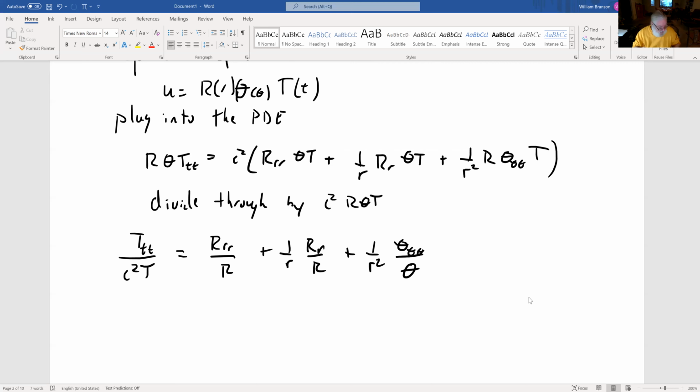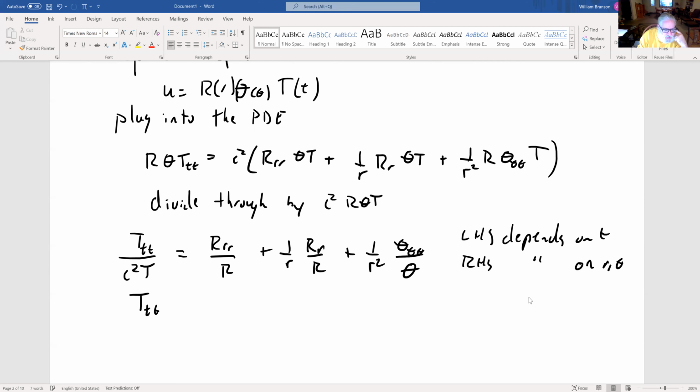So, great. The left-hand side depends only on t. The right-hand side depends only on r and theta. So the left-hand side has to be equal to the right-hand side, which means they both are equal to the same constant, which we'll call K1.